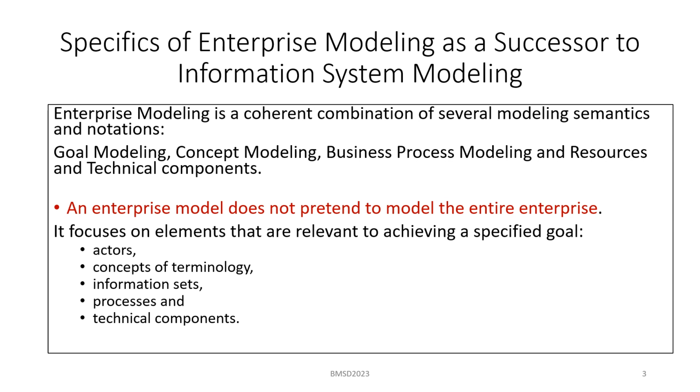An enterprise model doesn't pretend to model the entire enterprise. It focuses on elements that are relevant to achieving a specific goal. Actors, concepts, information sets, business processes, technical components.